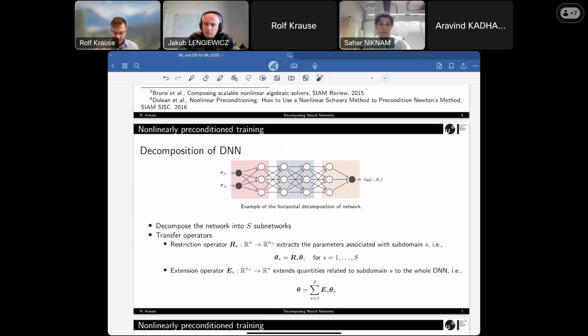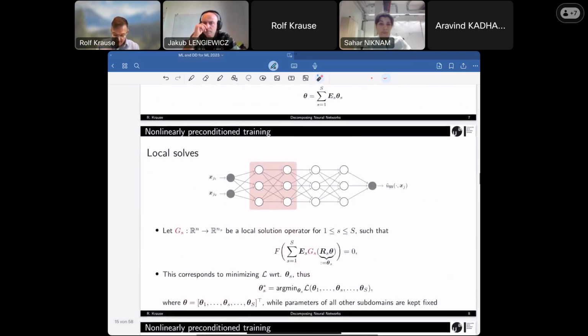You take the transpose, so you can extend whatever you have changed here to the whole network. So we take the set of all weights, we select a certain subset, this one here, we do some local training on this subset, and then we add the resulting correction to the global network.